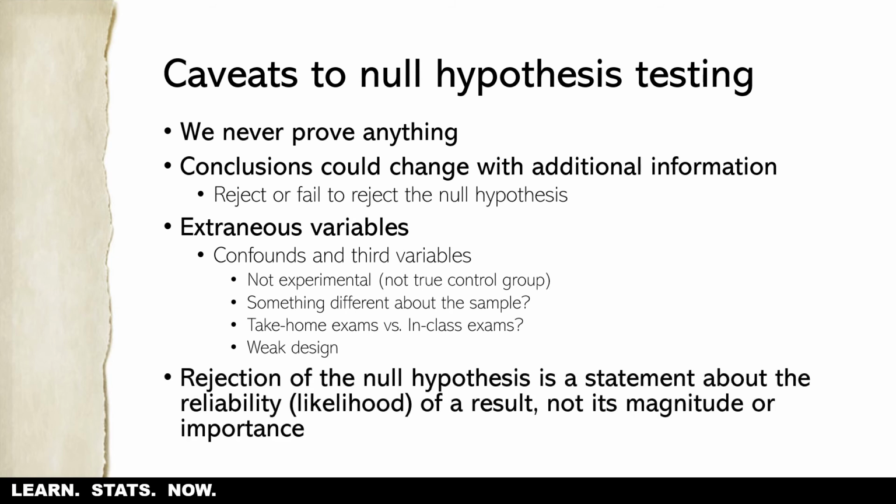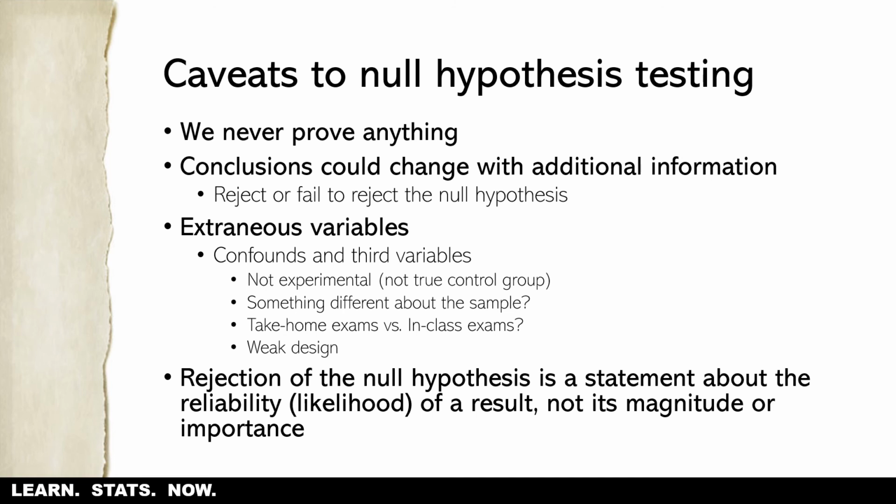The other thing is that rejection of the null hypothesis is a statement about the reliability or the likelihood of a result, not its magnitude or importance. Whenever we reject the null hypothesis, and again, we're going to go over specifically how to do that in a coming video, we're simply making a statement about the likelihood that sampling error or chance could account for the difference between the sample mean and the population mean.